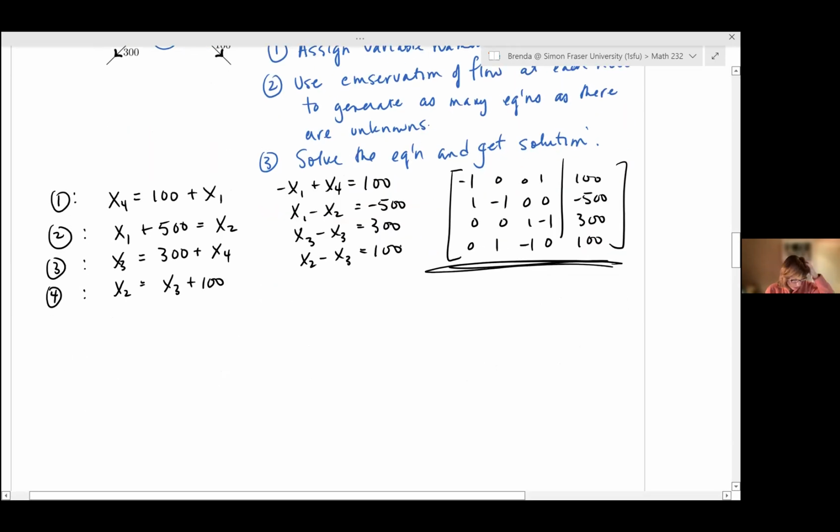Okay. All right. So let me just do this here then. We've got the matrix. My first row operation is going to be to multiply row 1 by minus 1. So row 1 is going to become minus 1 times row 1, giving me this.